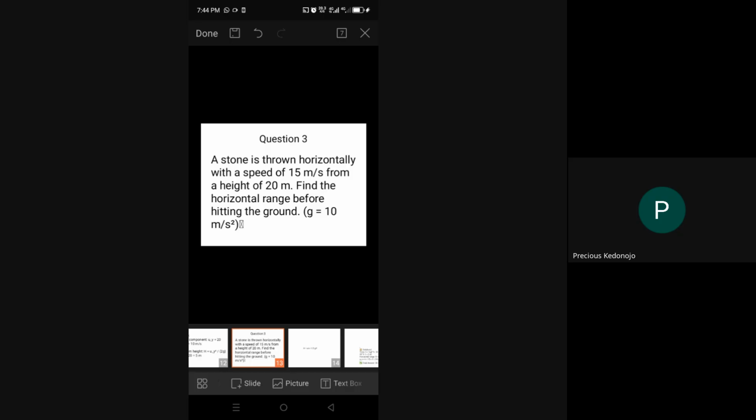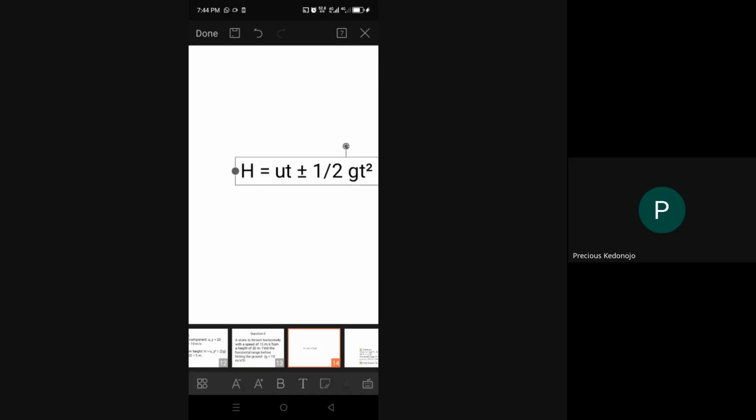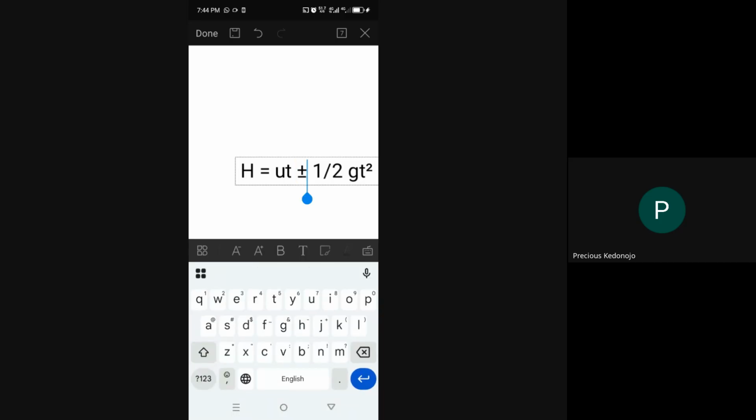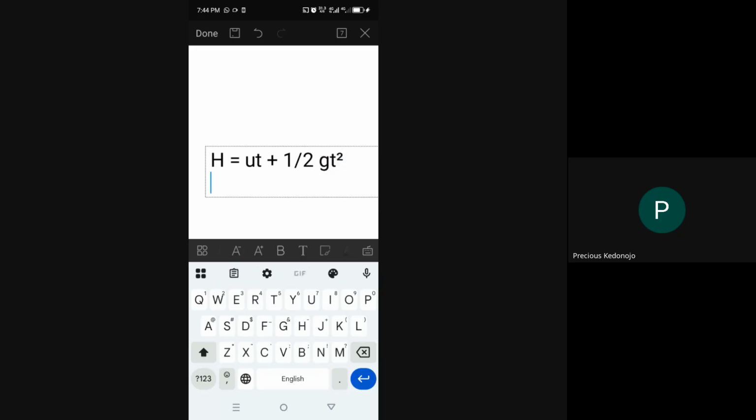So I'm going back to my formula and I'm going to make this sign positive. This one is height, don't forget.